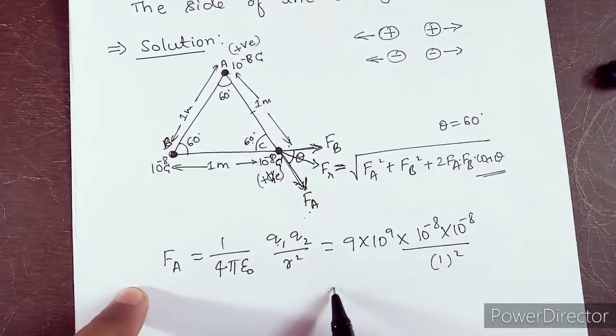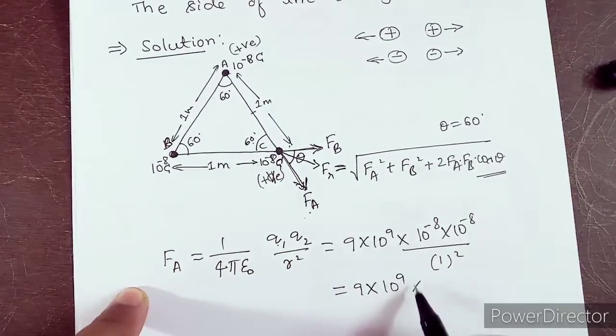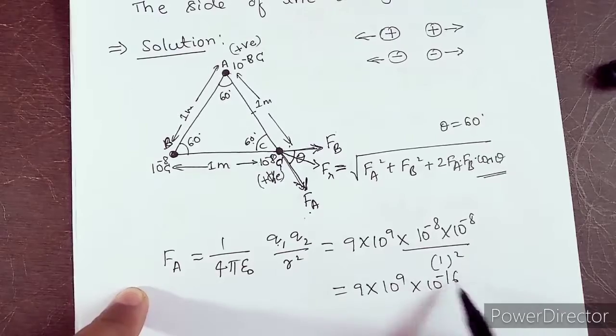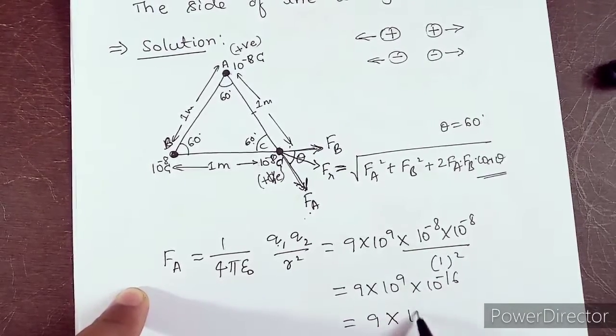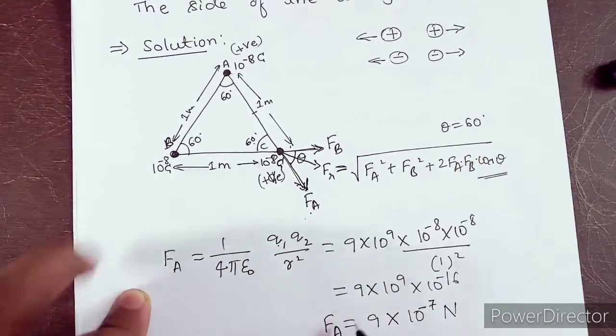So if we solve that, how much will we get? 9 into 10 to the power 9 as it is, into 10 to the power minus 16. So then it will give 10 to the power minus 16 plus 9, which is minus 7. So this is the force Fa.